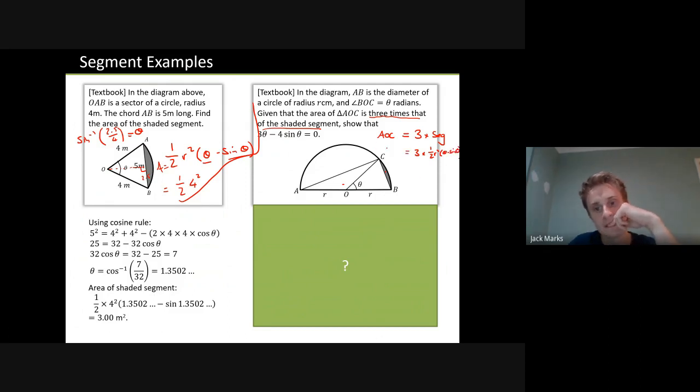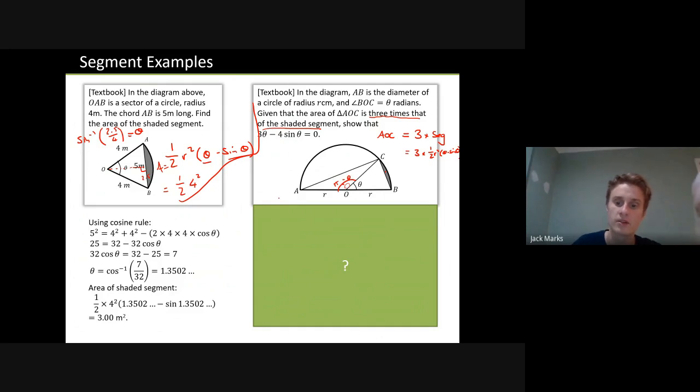What's AOC? Well, that is 180, which is pi. That's pi minus theta, isn't it? That angle there is pi minus theta because they have to add up to pi.